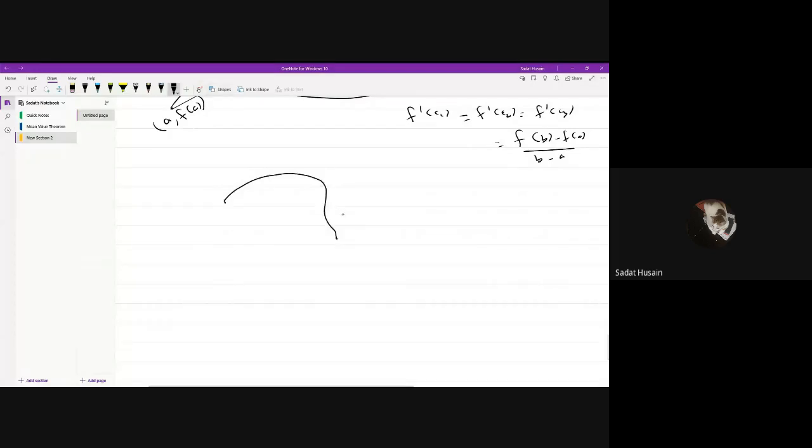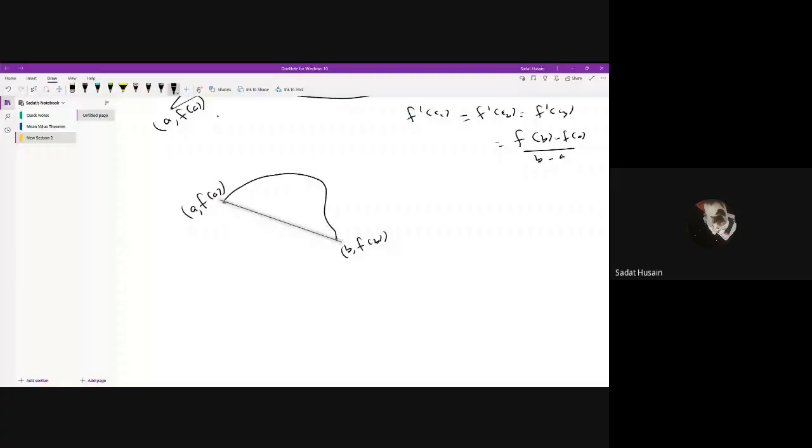If your graph looks like this, and this point is a comma f of a, and this point is b comma f of b, and you draw a line from a to b, the gradient of this line is f of b minus f of a divided by b minus a, and it's the same as this.